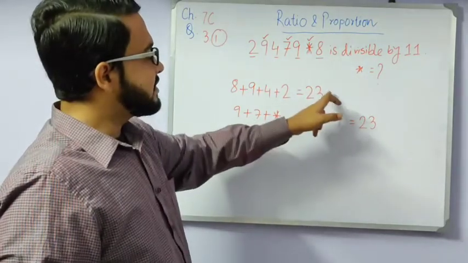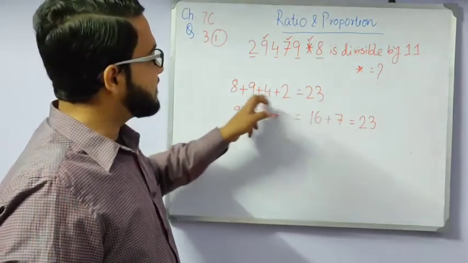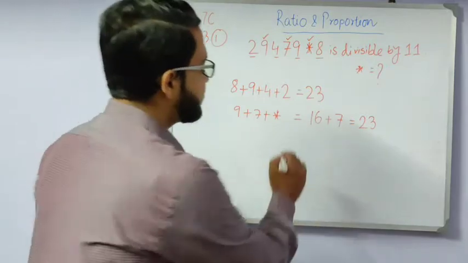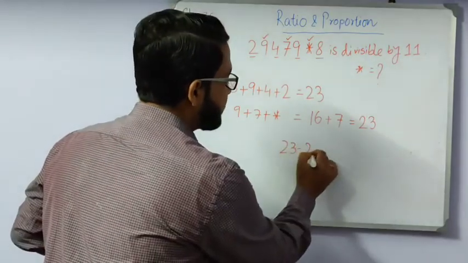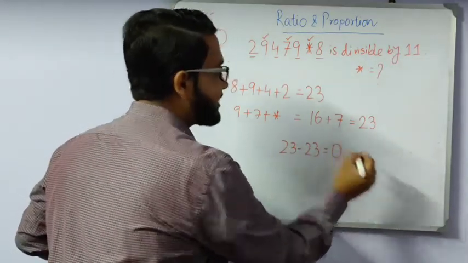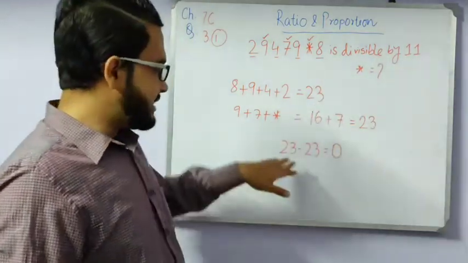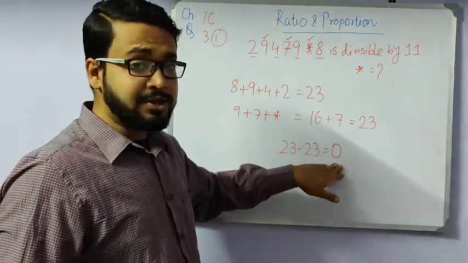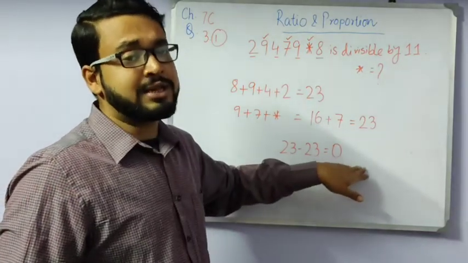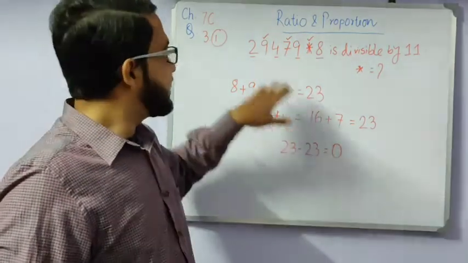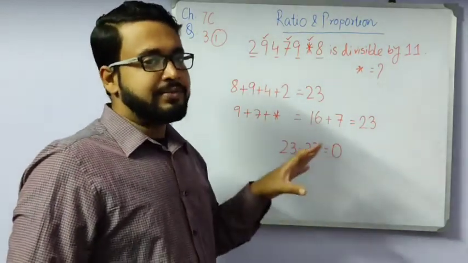After doing this, subtract these two, the even places sum and the odd places sum. 23 minus 23 is equal to 0, and that satisfies the divisibility rule of 11, that this subtraction is either 0 or a multiple of 11. Then we can definitely say the given number is divisible by 11.